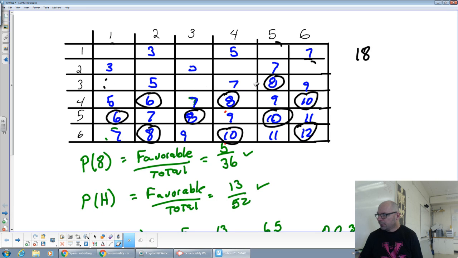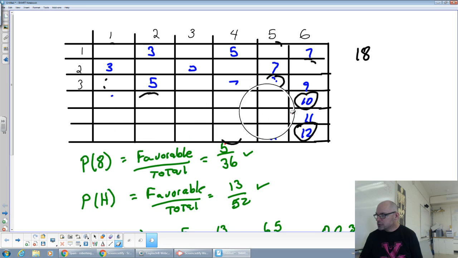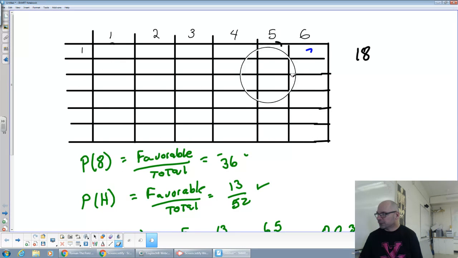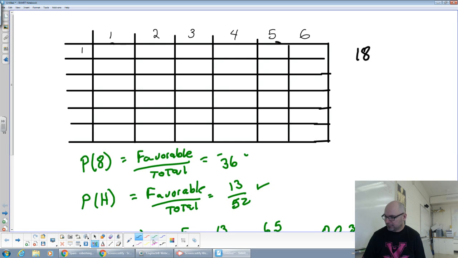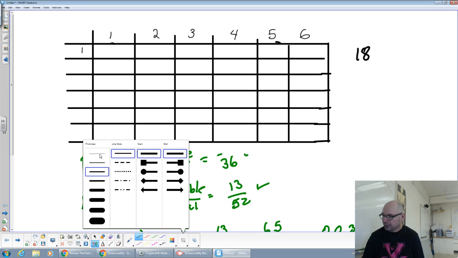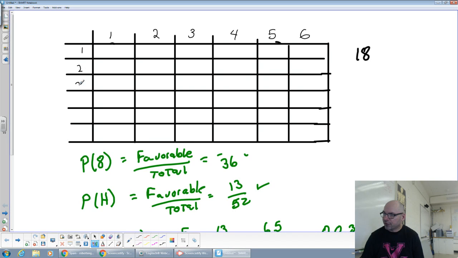It's probably better if I just redo it. So let's number it up again, dice on the side, and then our numbers in there.